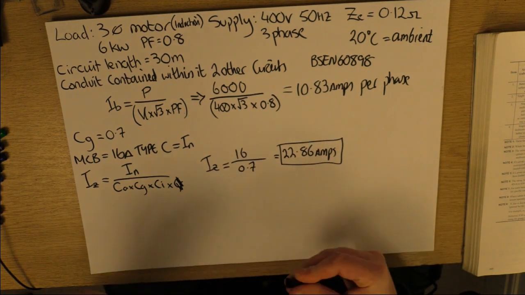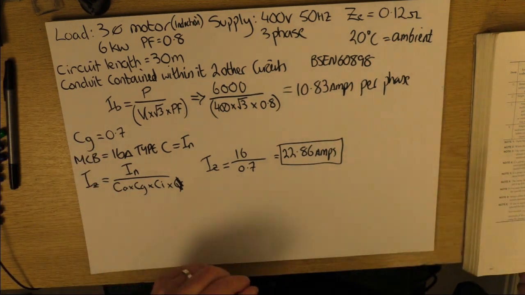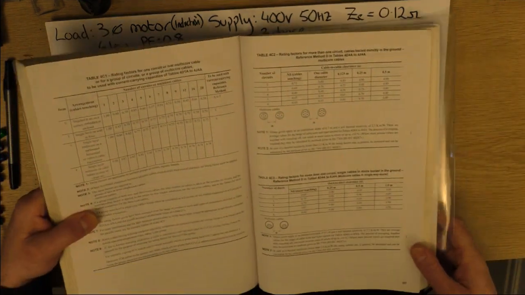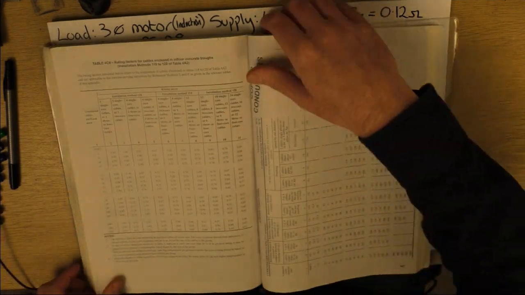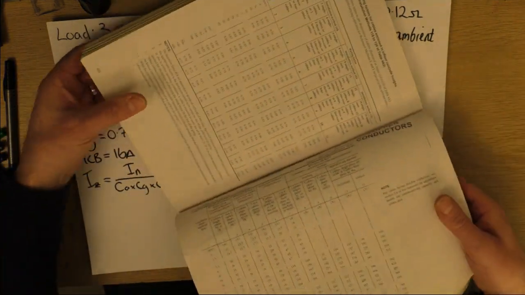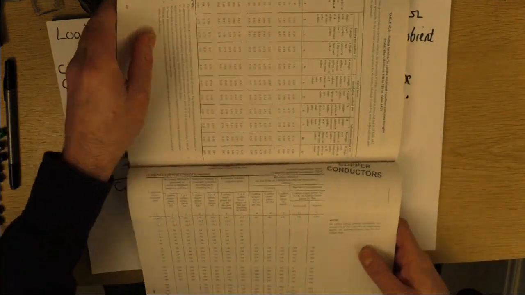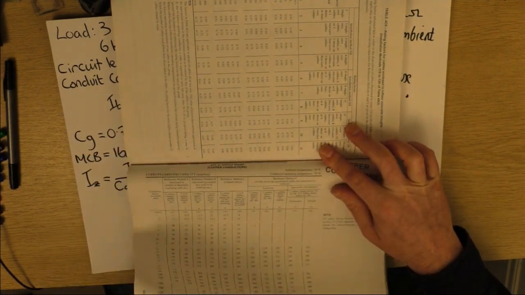And now we need to go to the current carrying capacity tables in the regs. Now we're not far away from them. The first one, now we're in a conduit, so we need singles. And it's on page 401.